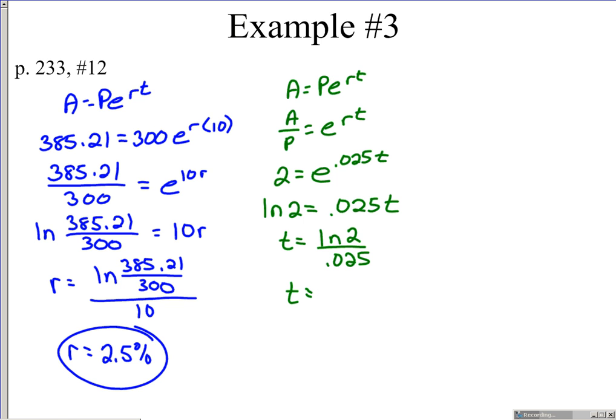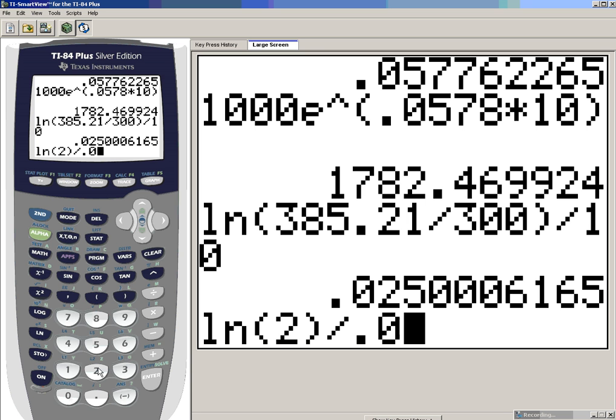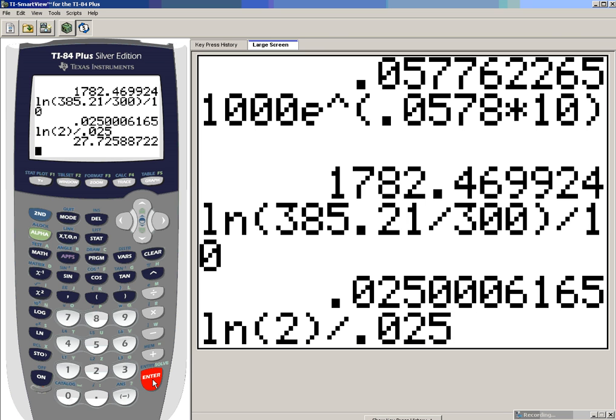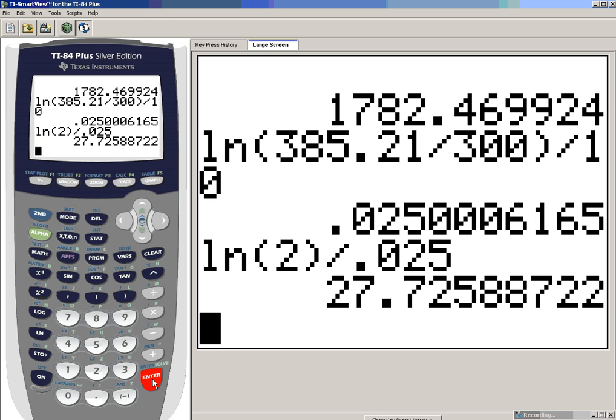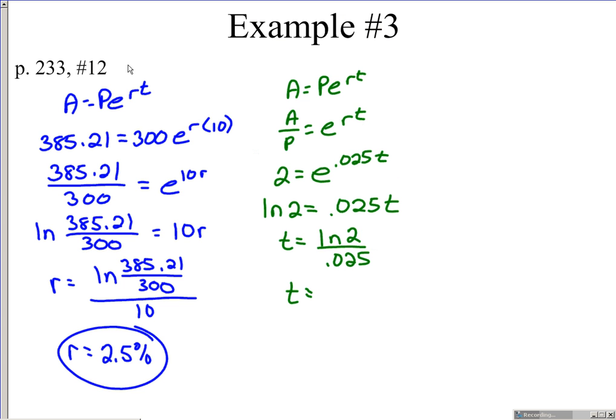Plug that expression into your calculator, natural log of 2, divided by 0.025. It's going to take 27.726 years for this account to double.